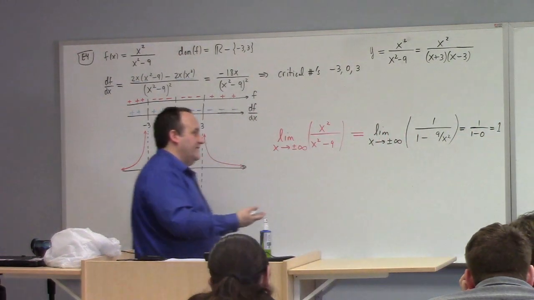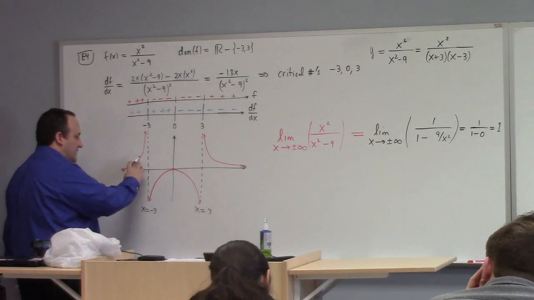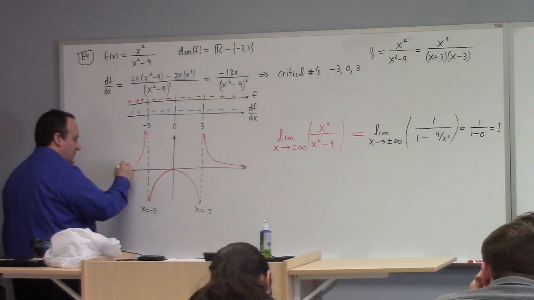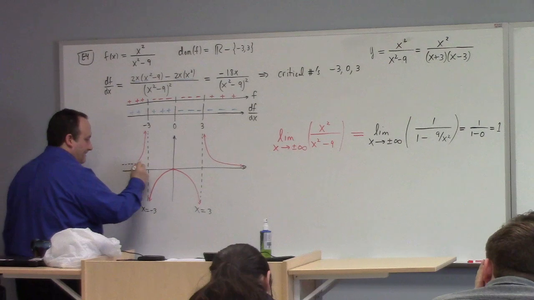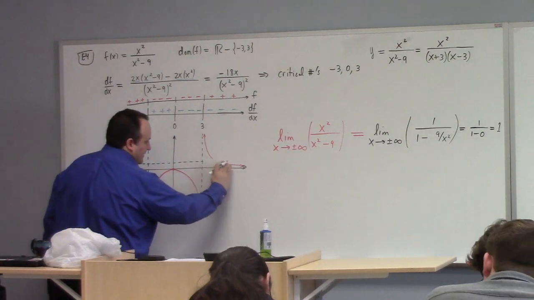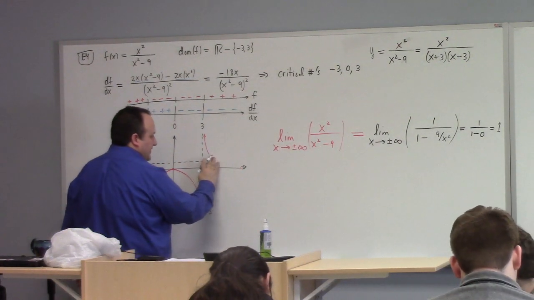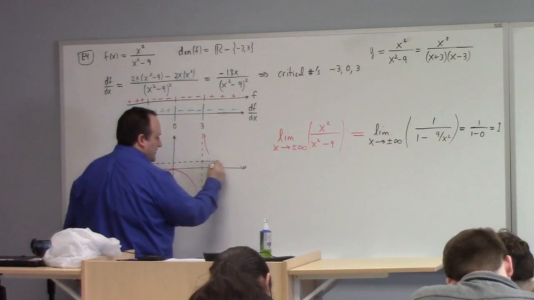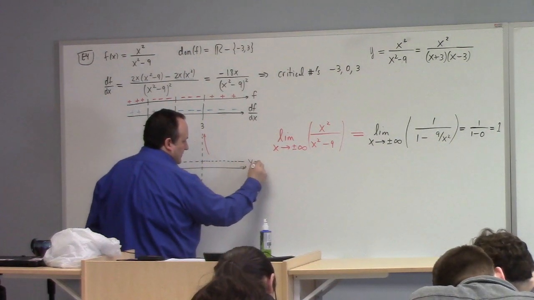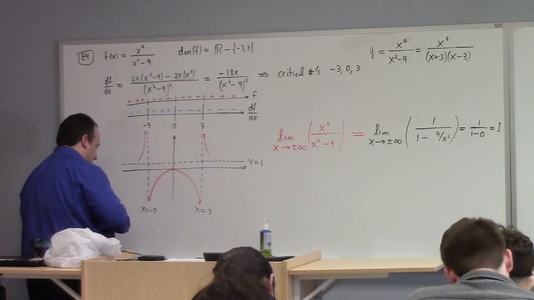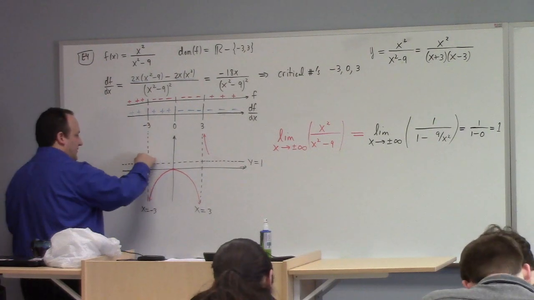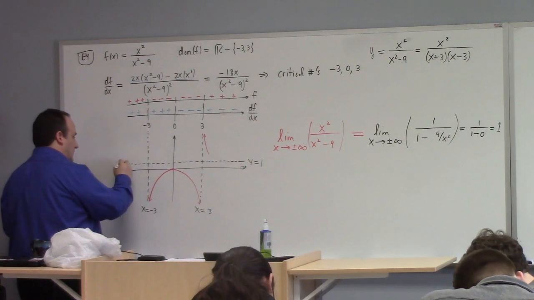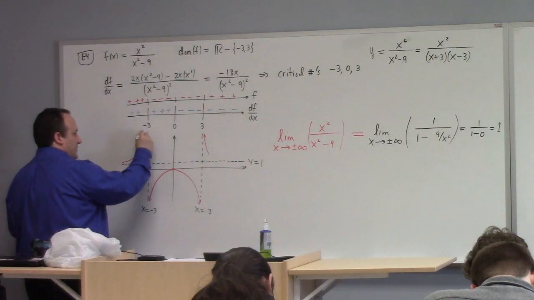This rational function has a horizontal asymptote of 1. Now, that's not something we could see with what? Did I use calculus to see that? Not yet. So to see the horizontal asymptote, I need to fall back on my college algebra, right? There it is, or pre-calculus, whatever you want to call it.